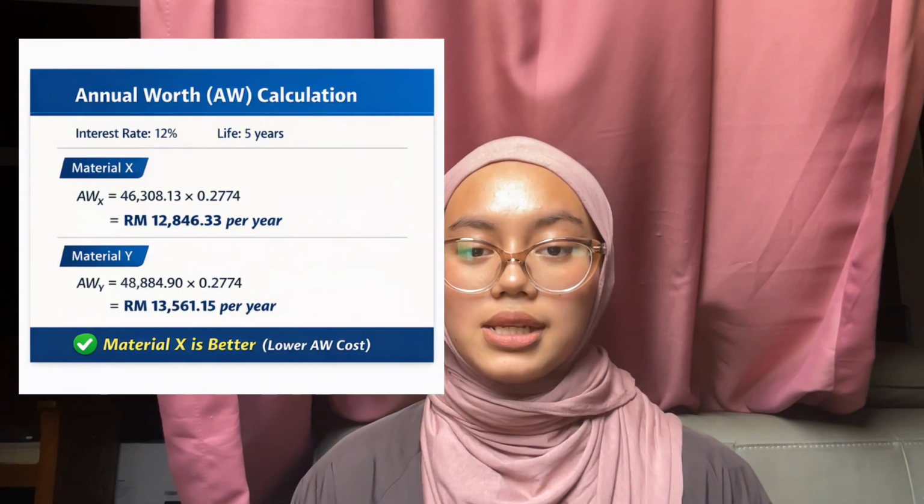Meanwhile, material Y has an annual worth of about 13,561 ringgit per year. Again, because we are comparing costs, the lower annual worth indicates the better choice. Both the present worth and annual worth analysis consistently show that material X is more economical. So, I will show the calculation here.